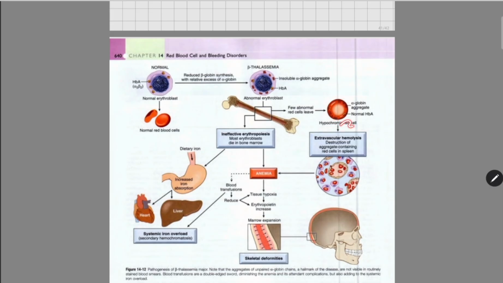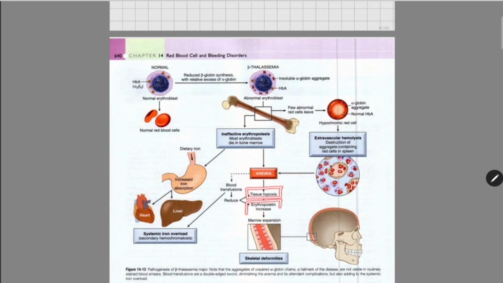Now during extravascular hemolysis, they are destroyed by the spleen and it causes anemia. Now there is also ineffective erythropoiesis, and most of the erythroblasts die during their formation in the bone marrow. Now this also leads to anemia. So ineffective erythropoiesis and extravascular hemolysis both are responsible for anemia in thalassemia.